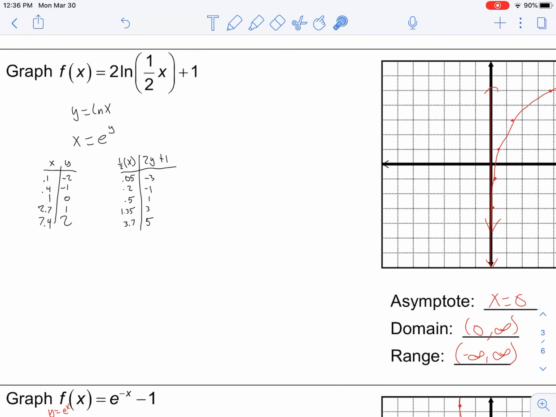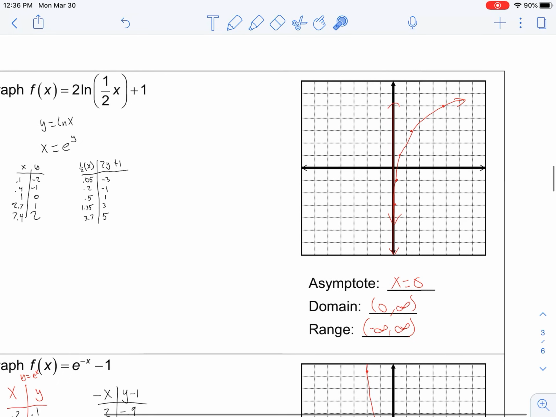And then when I did 2y plus 1, I'm doing 2 times -2, which is -4, plus 1, -3, and so on and so forth. And then we just plot those. Okay? And so as I plot these points, our asymptote is going to be x equals 0.